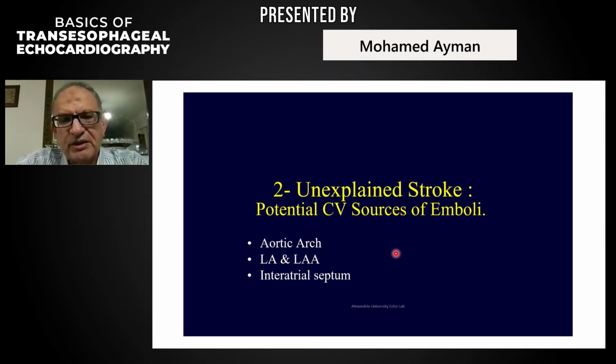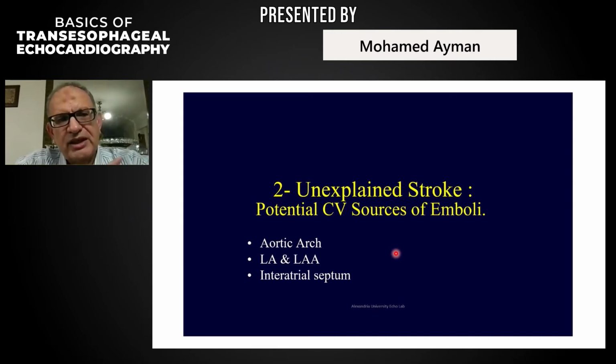We might miss the presence of a thrombus in the left ventricle, not the atrium, by TEE. So we would say that the TEE is clean, no clots are present in the appendage, while the thrombus is present in the left ventricular apex, and you didn't check for this by doing a transthoracic echo before your TEE study.